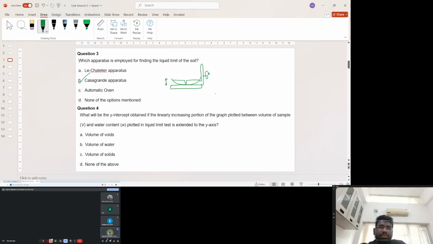That is also one of the techniques, but ideally the universally followed test for determining liquid limit is Casagrande's apparatus. So the right option is option B.